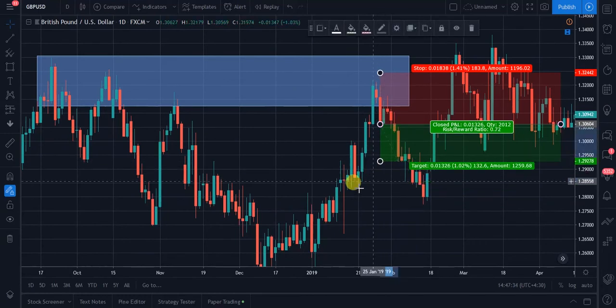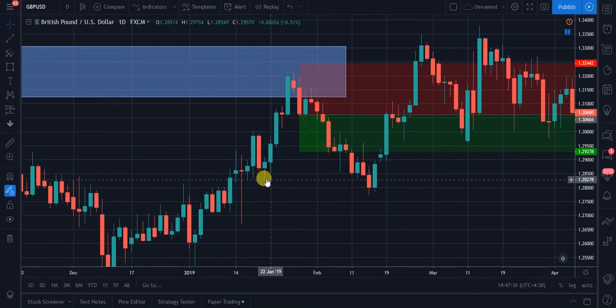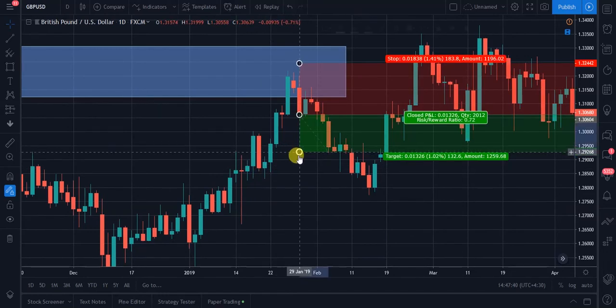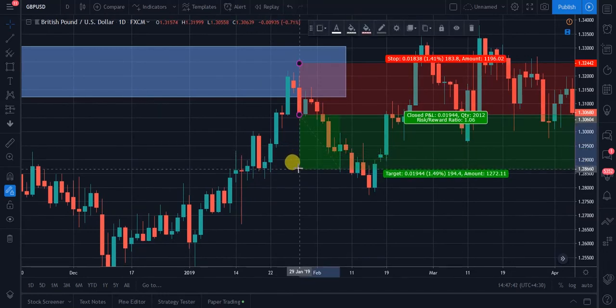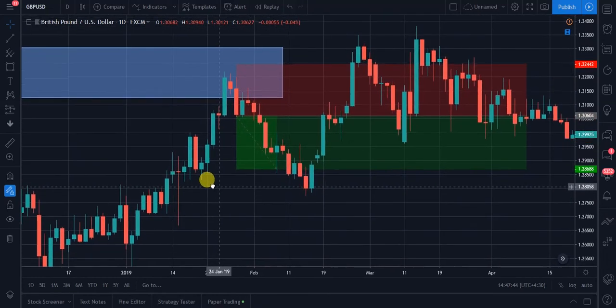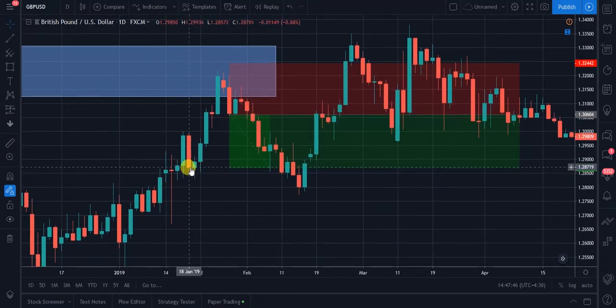and the first take profit should be the first support. Don't skip that. It's really important. The first target is really important, to choose the first support or resistance.